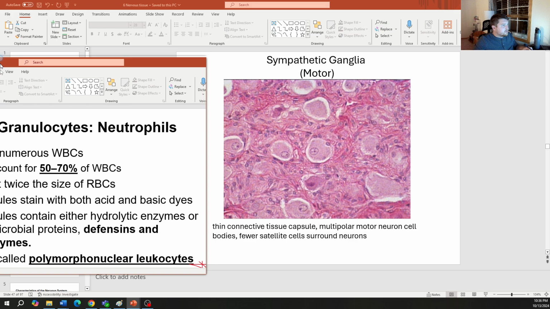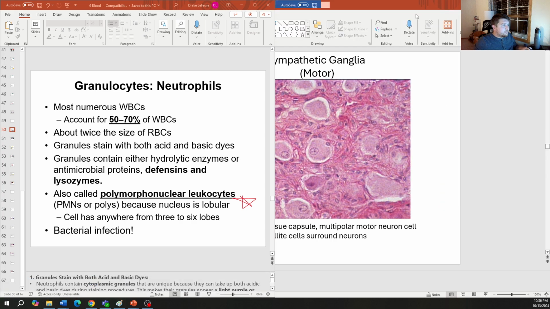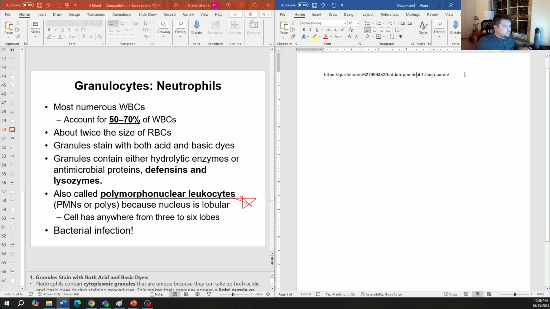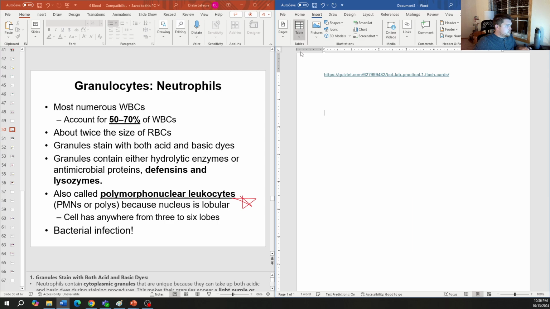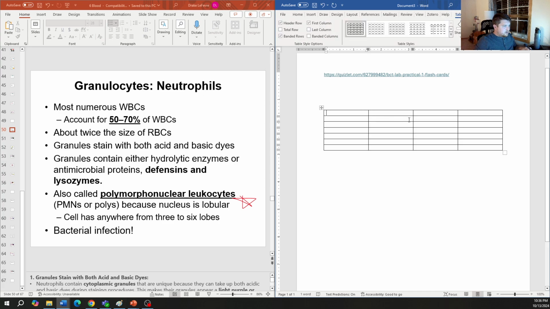So we talk about neutrophils. Let's look and see what things we want to add in here. So we have neutrophils, eosinophils, and basophils. Neutrophils, 50 to 70%. What other important things do they have?